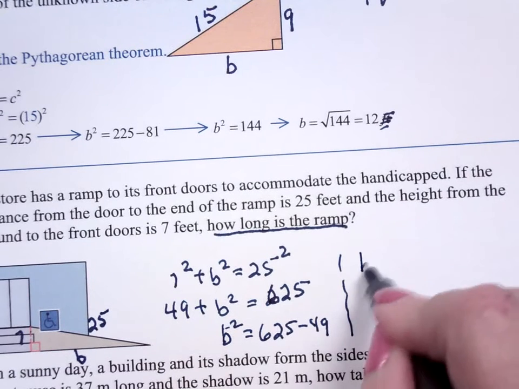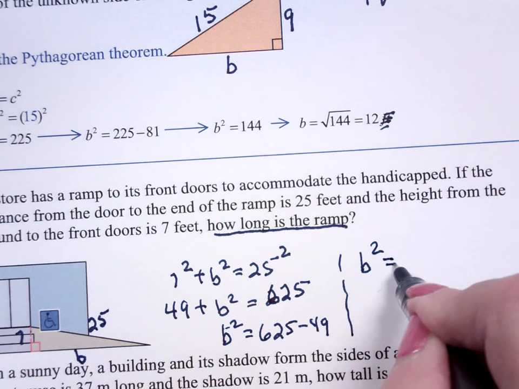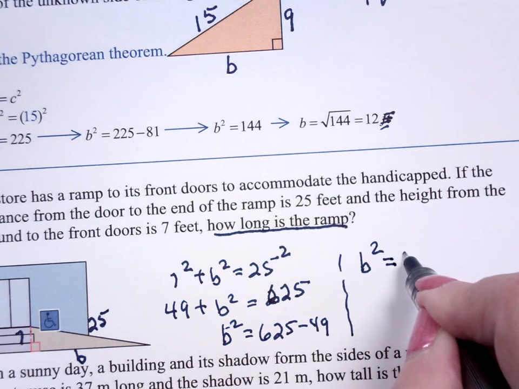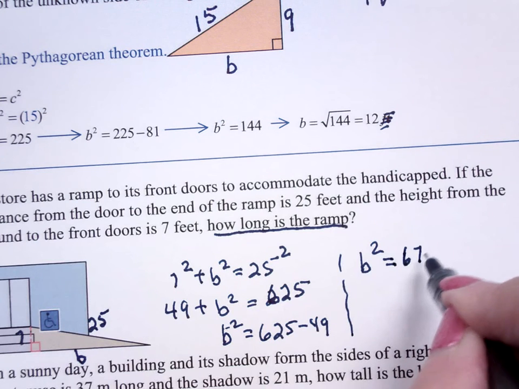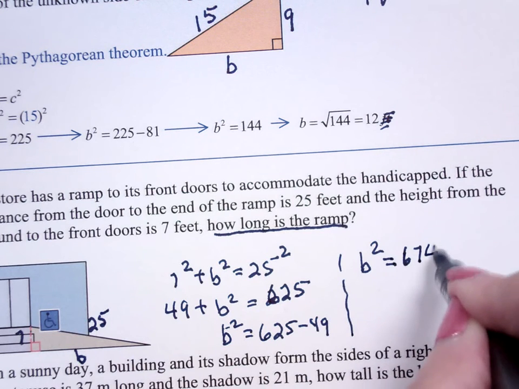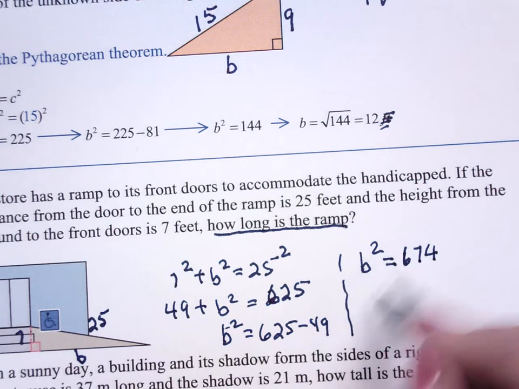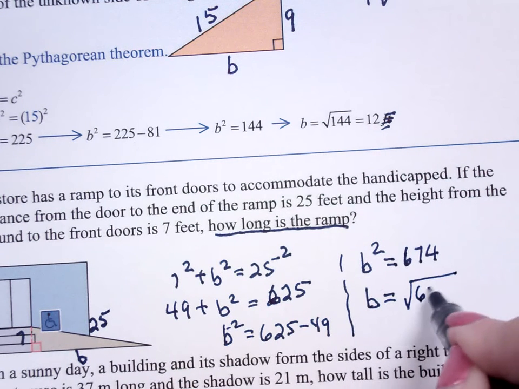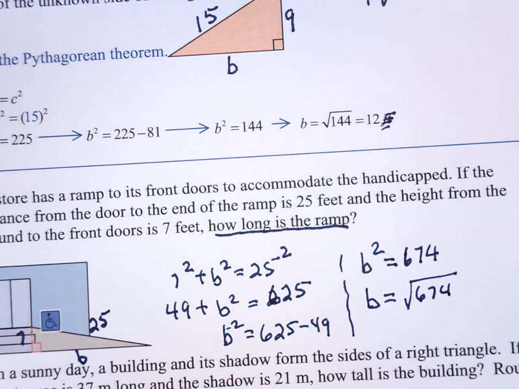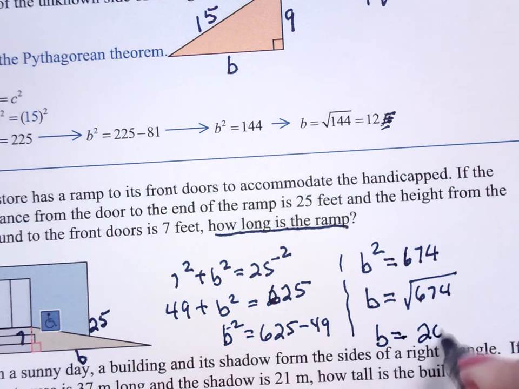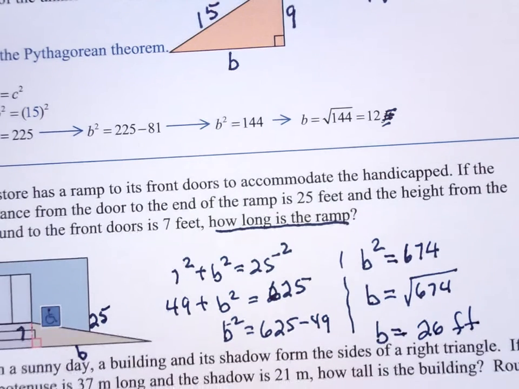So that b squared equals 576. So b is the square root of 576, or b equals 24 feet. So the length of the ramp is 24 feet.